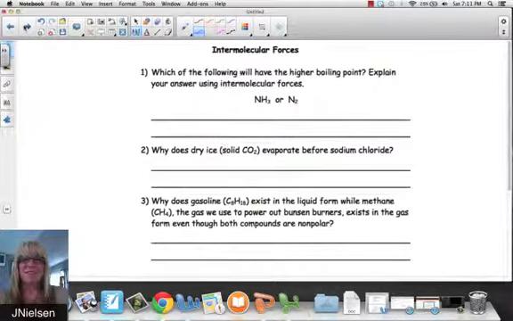So let's review some questions dealing with intermolecular forces. Which of the following will have a higher boiling point, and explain your answer? Well, right away I see that this is nonpolar, so I know that it's going to have LDFs, which is the weakest of the forces, and this, NH3, it is dipole, but it's the special dipole, and it has hydrogen bonds.